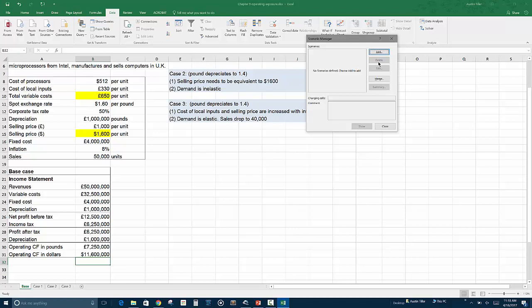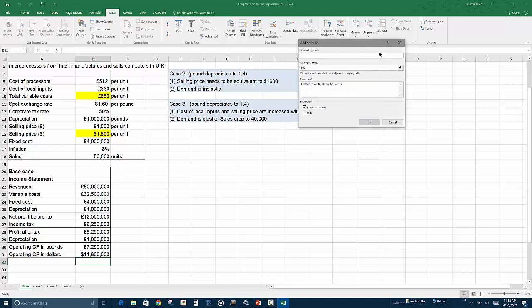Alright, so we're going to add case number 1. So you press Add. For the scenario name, you can enter any name you like. Let me just call it case 1. We're going to change the changing cell for case number 1 to 1.4.